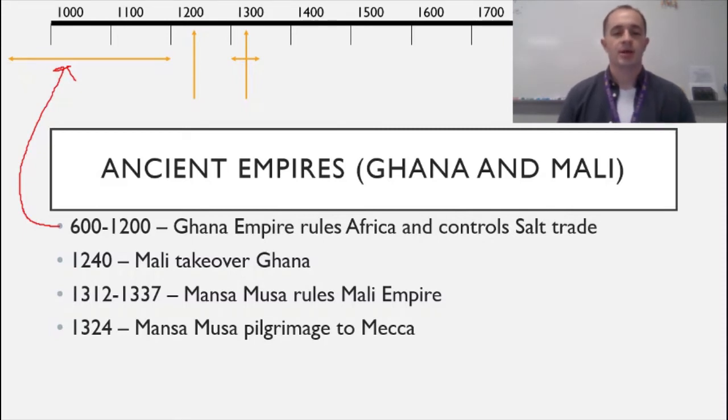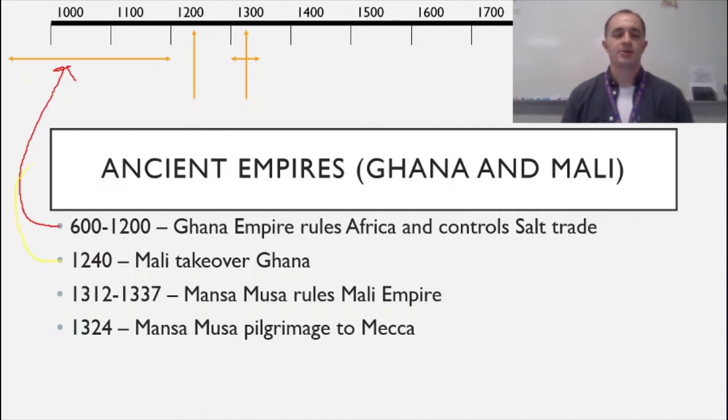Around 1000 AD, we see the Ghana Empire start to have infighting and squabbles. Between 1000 AD and 1240 AD, these new empires start to take over, one of them being the Mali Empire.